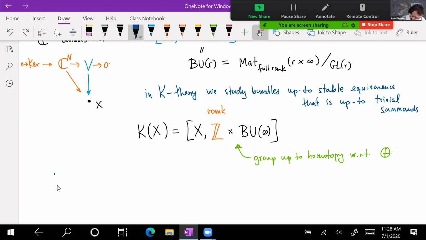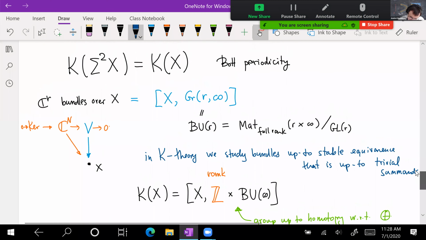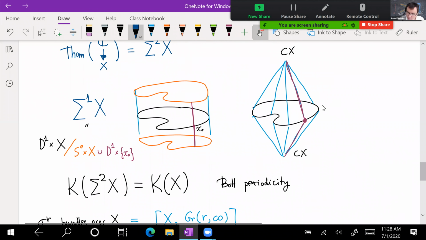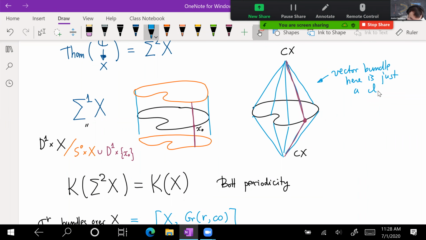Want to do the K-theory of the suspension of X. So then this means, well, let's just go back to this picture. If I have a vector bundle on the suspension, here is just a clutching function.